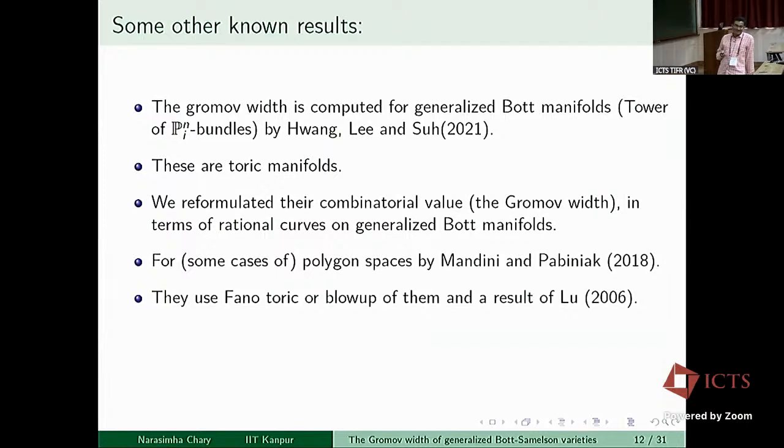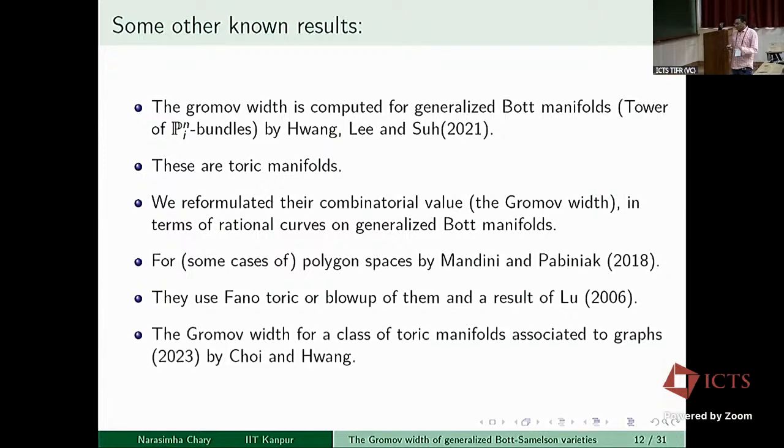It's a toric one, so we demand that. Another class that is known is toric manifolds associated to certain groups. So what I want to say here is that the known cases are either flag varieties or toric ones.